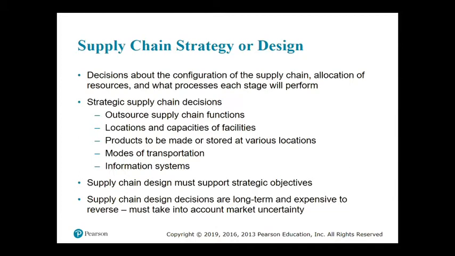And the allocation of resources and what processes each stage will perform. Specifically, these decisions involve whether to outsource each of the supply chain functions. So for example, do I outsource logistics to a third-party supplier, or do I do logistics myself?